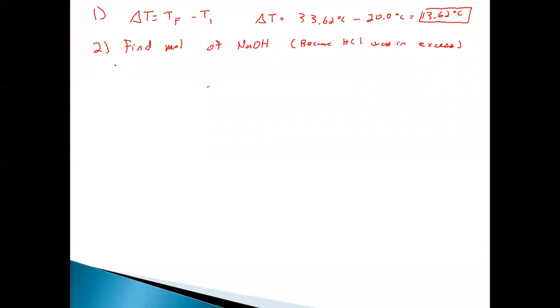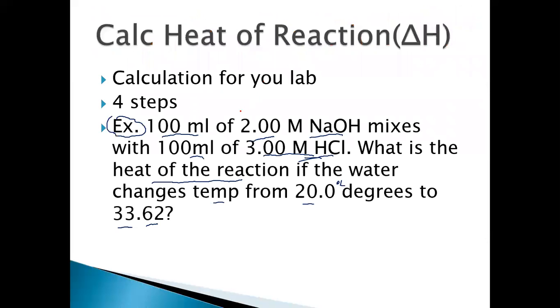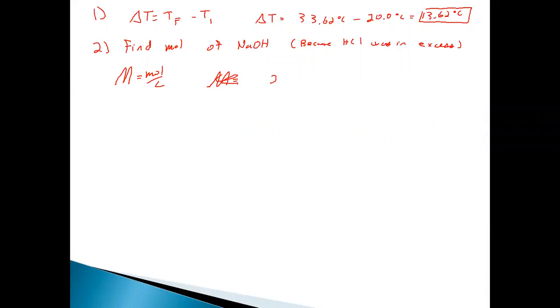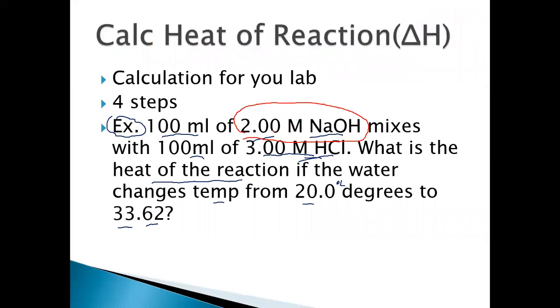So for this one, we have molarity equals moles over liter. In this case, we know the molarity. We actually had this 2.0 molar sodium hydroxide. So I'm going to plug in 2.00 moles per liter, equals, and again I'm solving for moles, so moles over liters. Now, what is our liter amount?